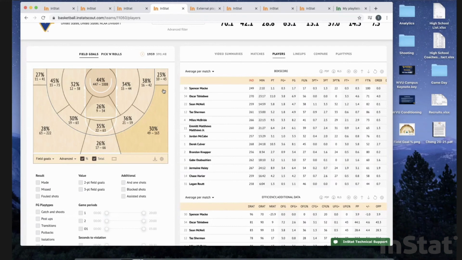But to be able to sort through this information and pick out key bits of information that you can translate to them and have it be an actionable piece of information where they can either get better from a player development standpoint or get an edge on the court in a scouting perspective, I think it makes a huge difference. And I think that's just a great way to end it.